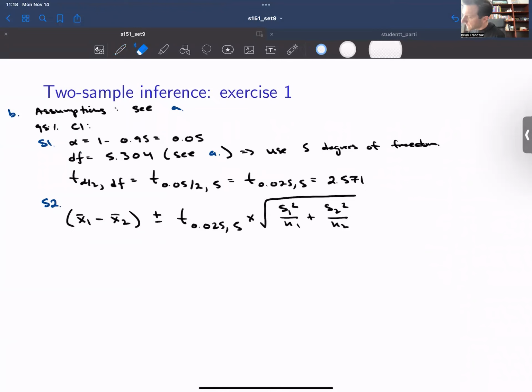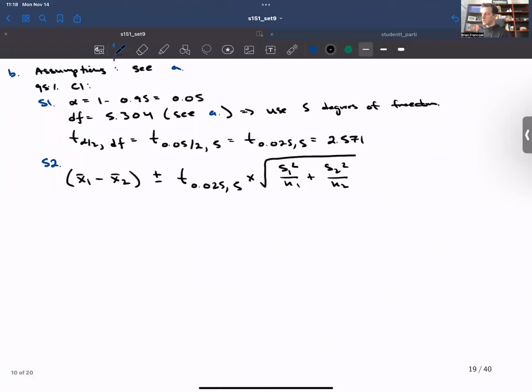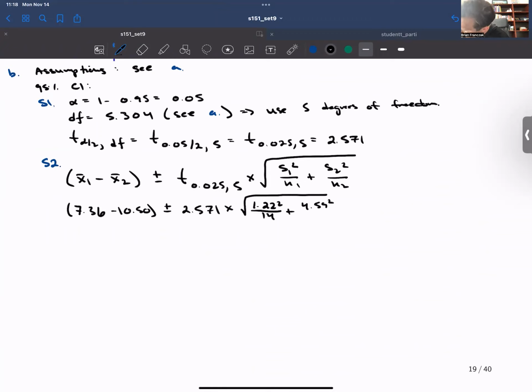So you can see that most of these calculations are exactly the same as what we had in the previous illustration. It's just the organization of the different components. So for example, we're going to have 7.36 minus 10.50 plus or minus 2.571 multiplied by the square root of 1.22 squared over 14 plus 4.59 squared over 6.